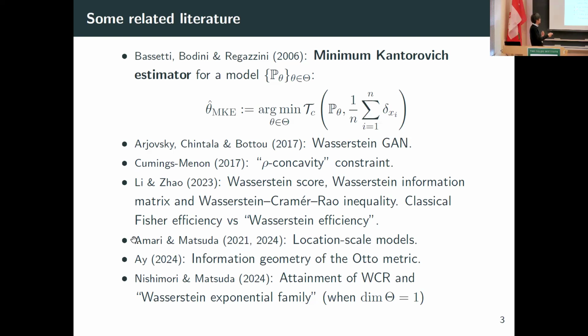And it turns out that at least when the parameter set is one-dimensional, the geodesic here, what they call the E-geodesic in the OT metric, actually corresponds to, you can think of it as a Wasserstein version of the exponential family, and that will actually, in the one-dimensional case, attain the so-called lower bound in the Wasserstein Cramér-Rao.